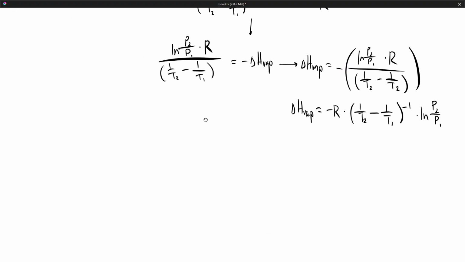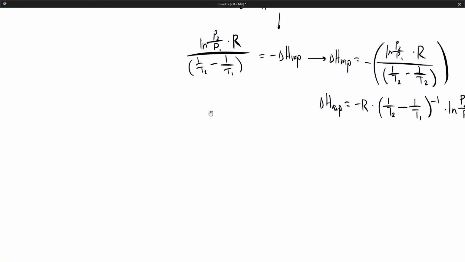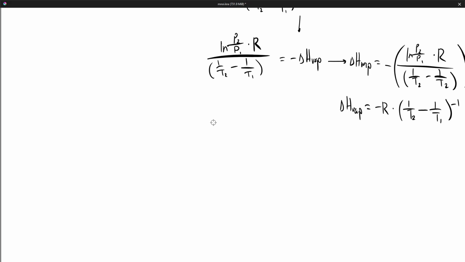Okay, so to solve for the heat of vaporization, we first have to assign numbers to the pressures and temperatures. So you see the problem, it says it has a boiling point of negative 164 degrees Celsius at 1 atmosphere. We treat that as our P1 and our T1.